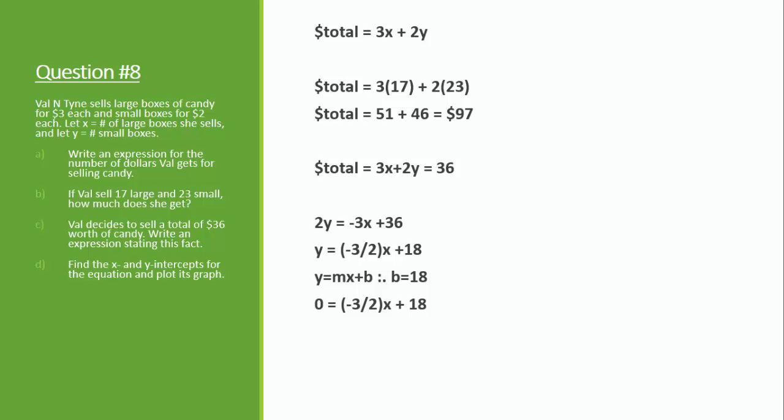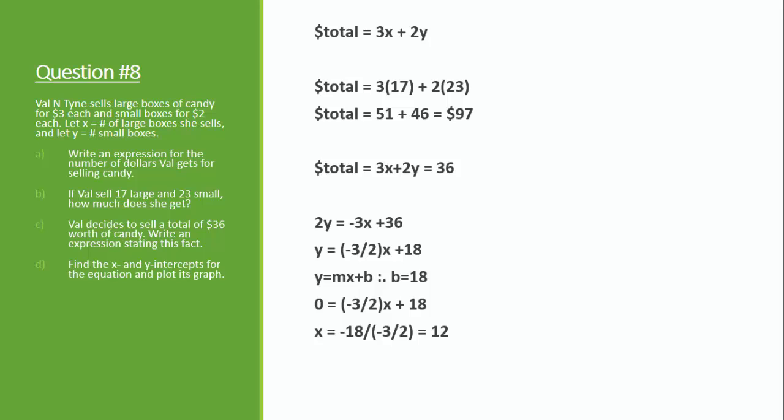Now I want to solve for when y is equal to 0. So I take my y equals mx plus b, in this case y equals negative 3 halves x plus 18, and if I say the y is going to be 0, that means 0 equals negative 3 halves x plus 18. I need to solve for x now. And when I solve for x, x is equal to 12.